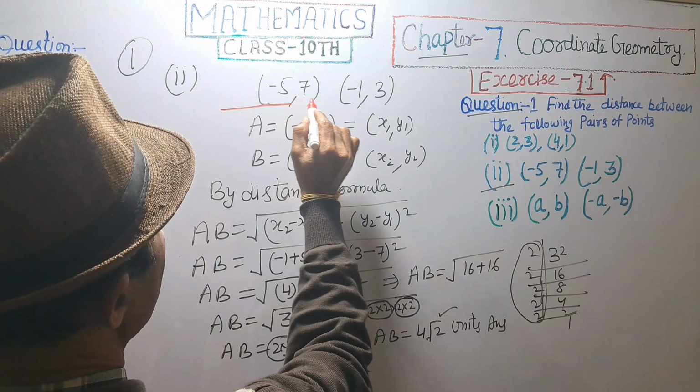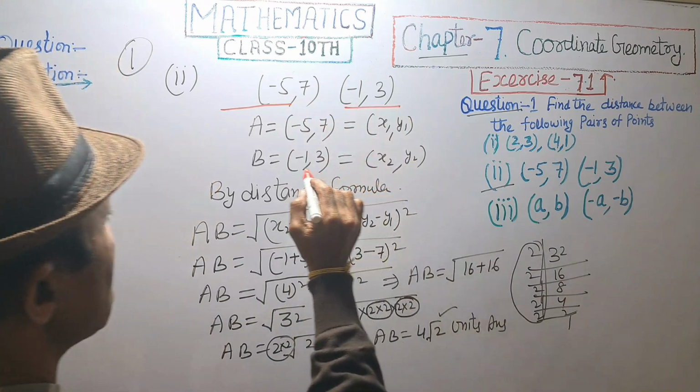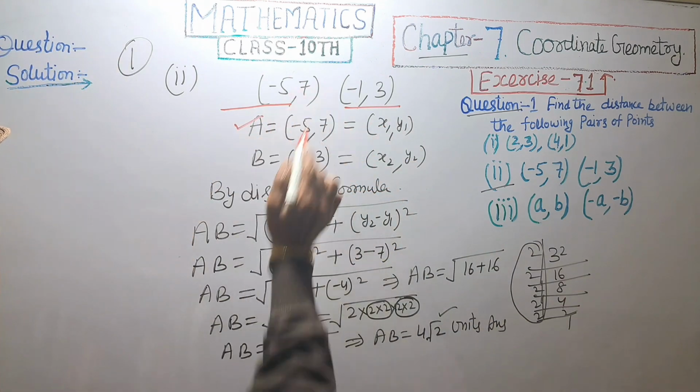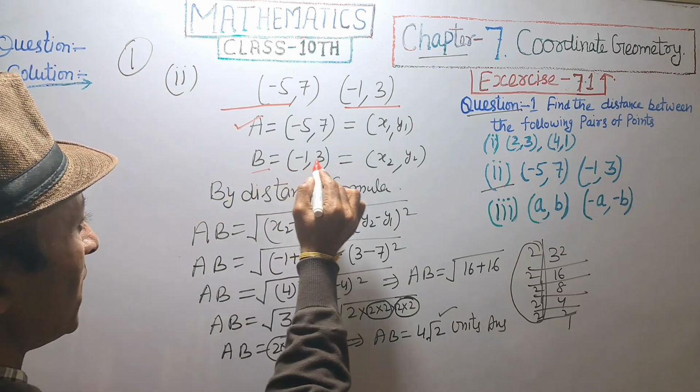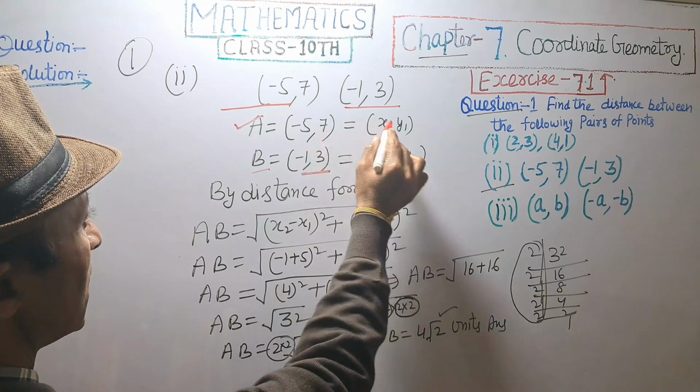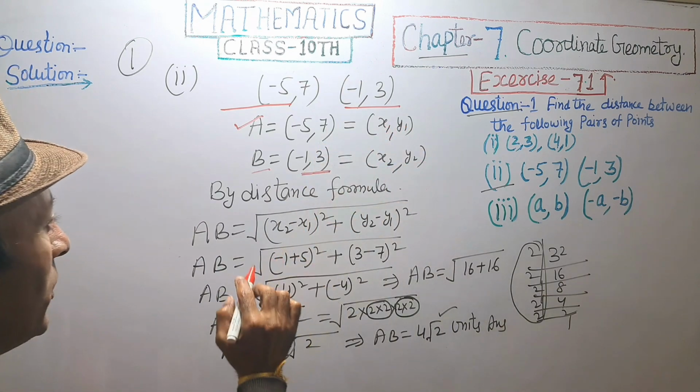Given (minus 5, 7) and (minus 1, 3). Let A be (minus 5, 7) and B be (minus 1, 3), that is x1, y1, x2, y2.